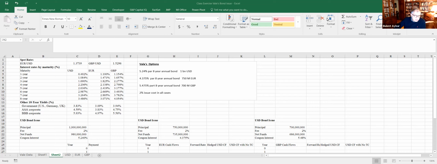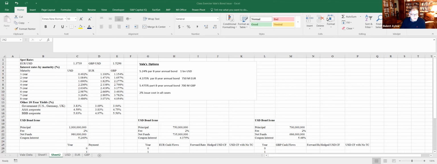We have the spot rate for euro US dollar, $1.3739 per euro. The British pound US dollar rate is 1.5296. And we are also given some sort of a yield curve data.